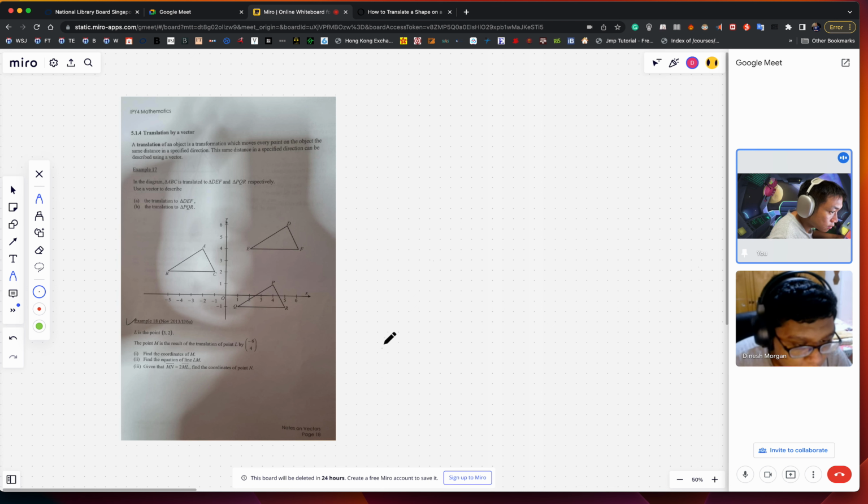Yep, this example 18, November 13, O level.